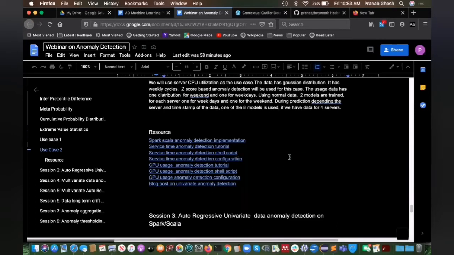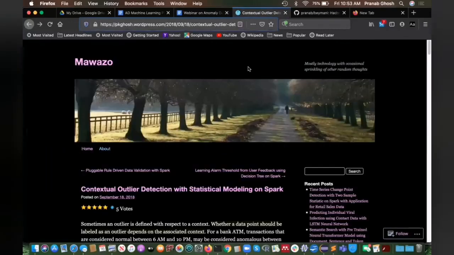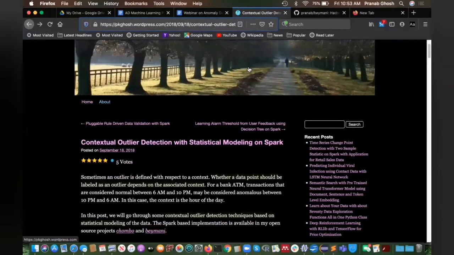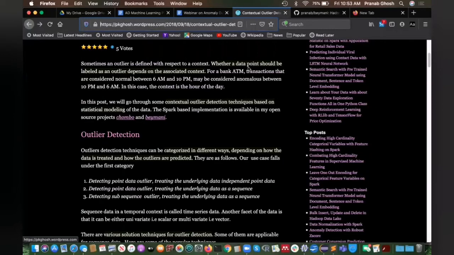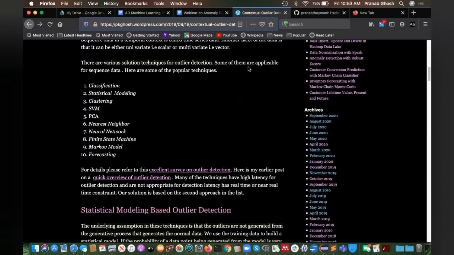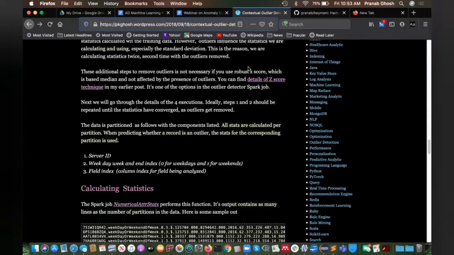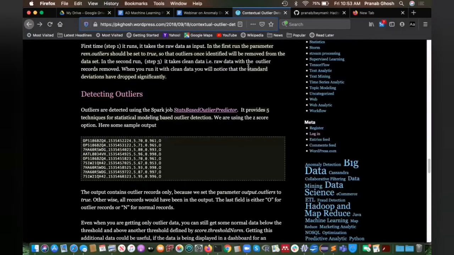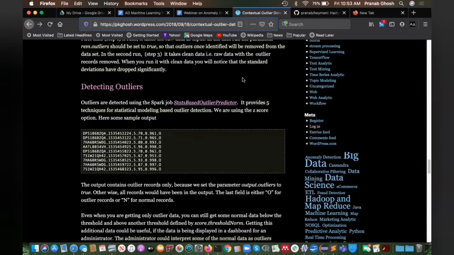And then there's also a blog post that you might be interested in on that Spark job. It provides a lot of detail, the only documentation on that Spark Scala implementation. In this blog post, the use case is the CPU usage use case, which was the second use case for us.